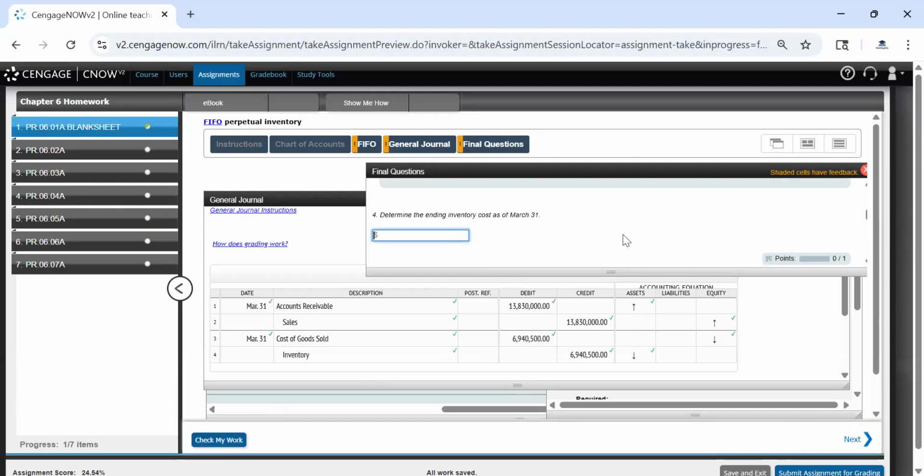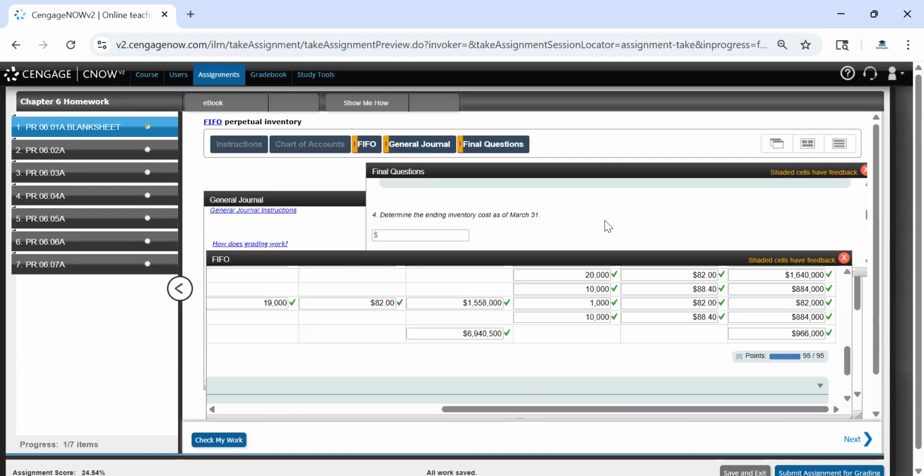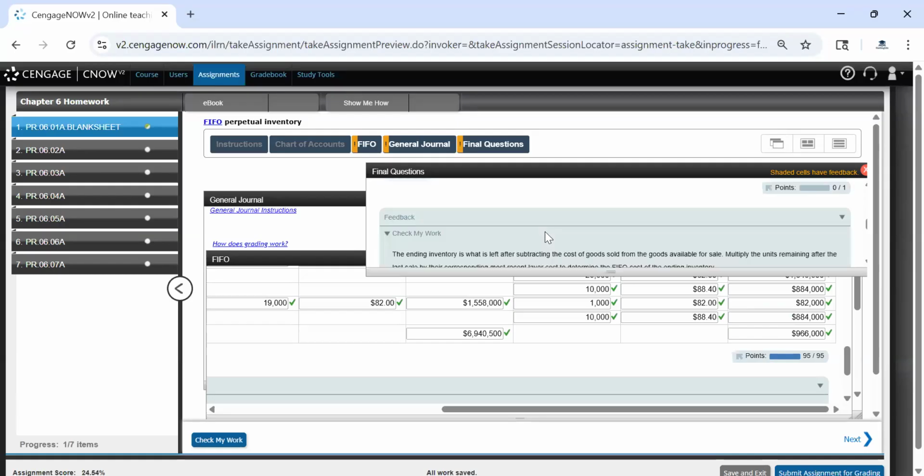And the ending inventory cost comes straight from our worksheet, which is $966,000.